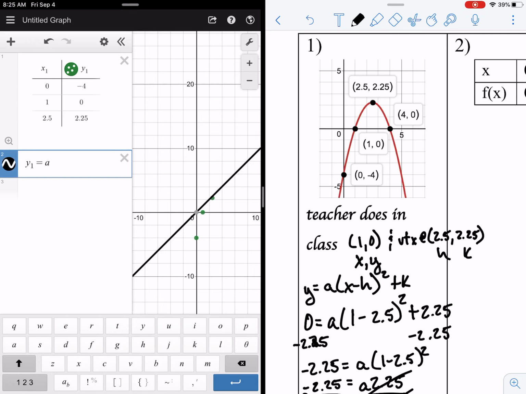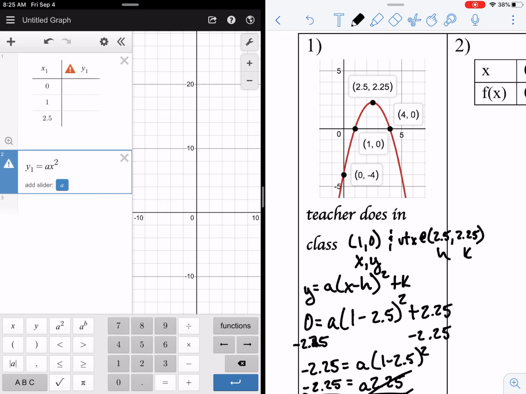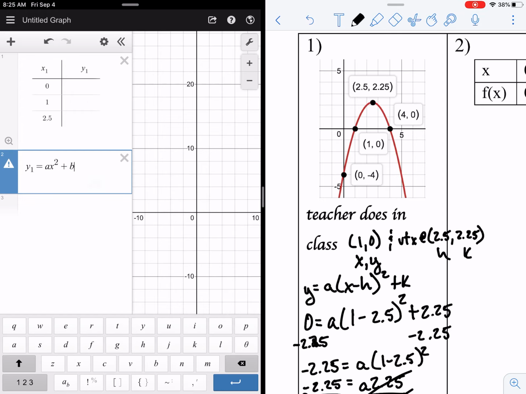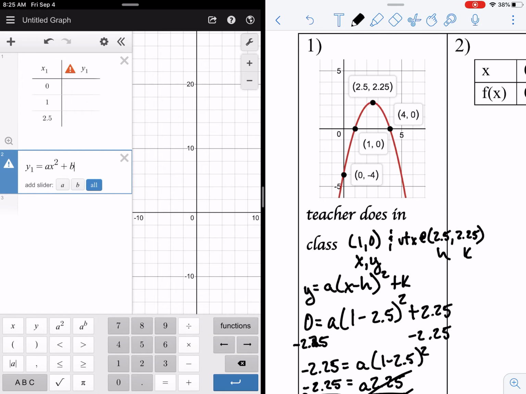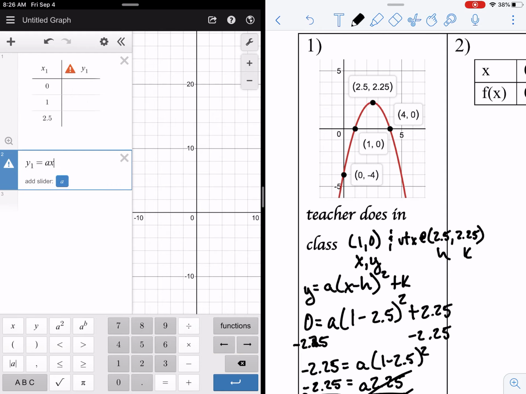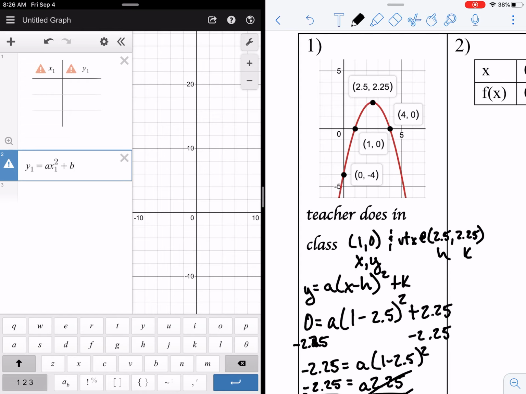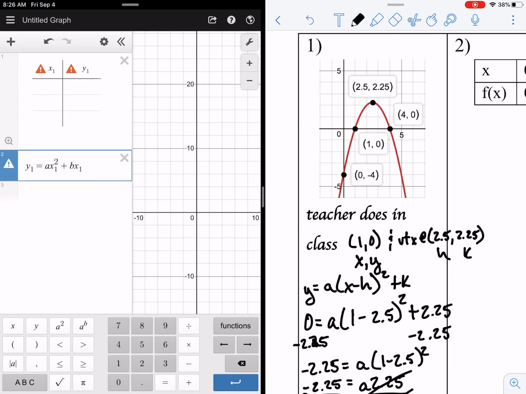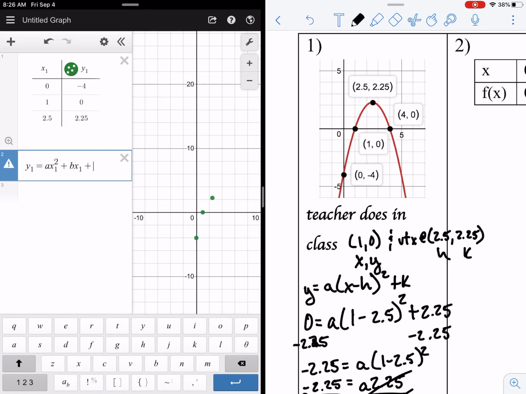So ax squared plus bx plus c. I forgot to put the x of 1 there. So a times x of table 1 squared plus b times x of table 1 plus c.